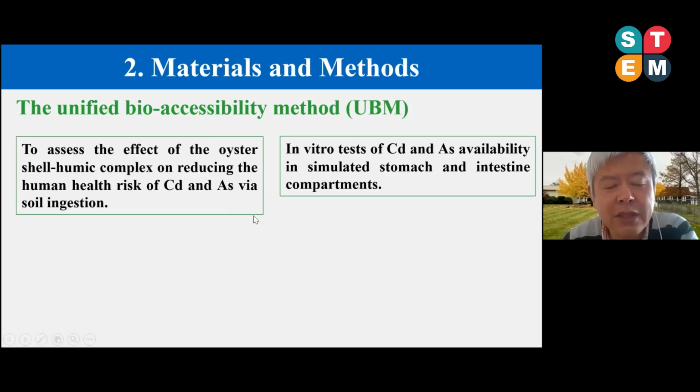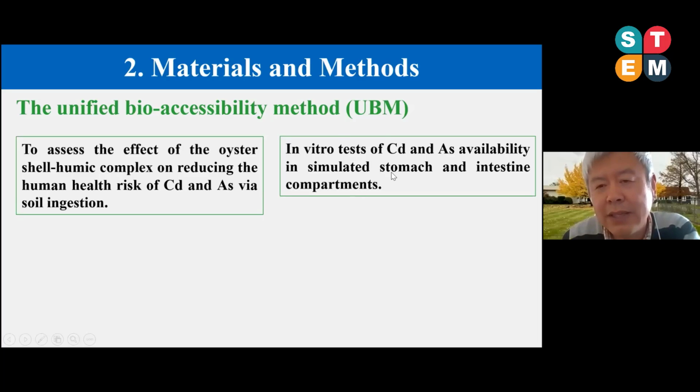cause human health risk. So this is a unified bioaccessibility method developed in the European countries, adopted to show if we add this soil amendment to contaminated soil, how the human health risk of cadmium and arsenic could be reduced.